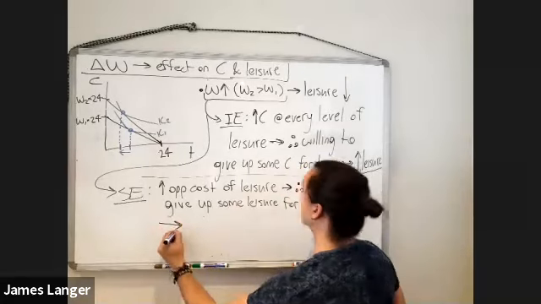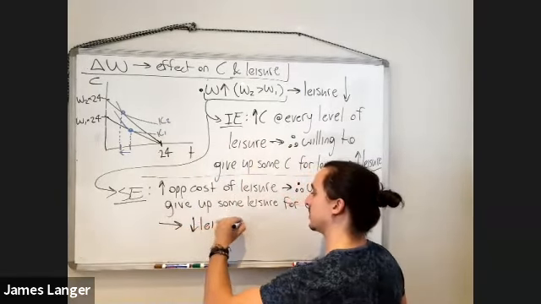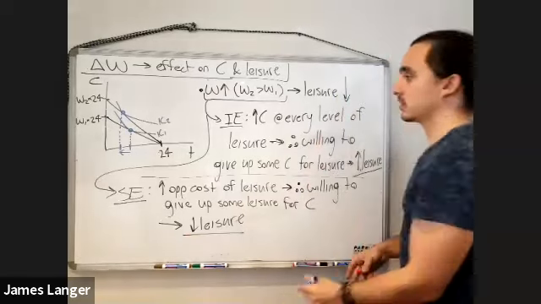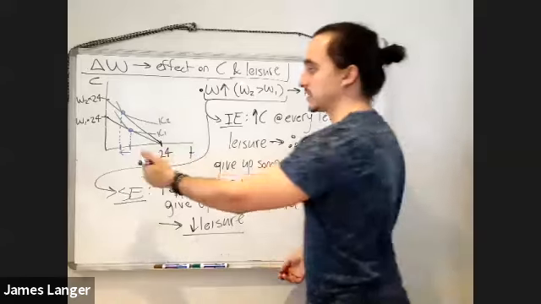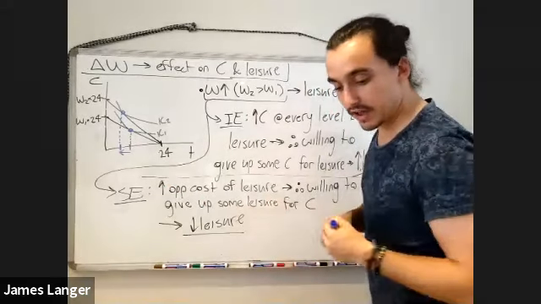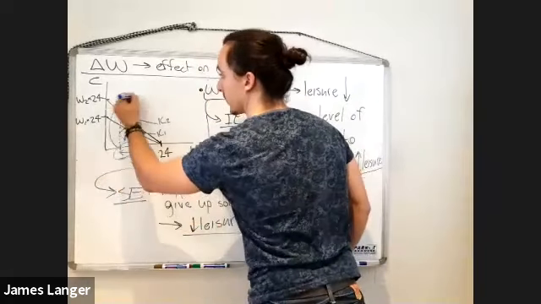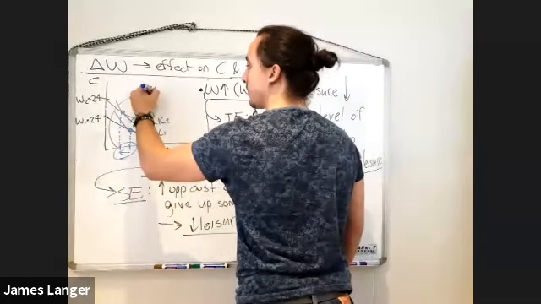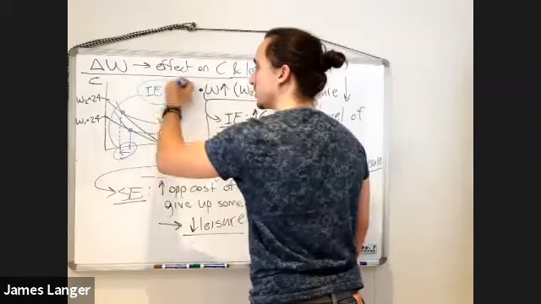And that means it's going to have the opposite effect, a decrease in leisure. Okay, so what do you think has happened here? If we see that in this example we've had a decrease, then it means the income effect is greater than the substitution effect.